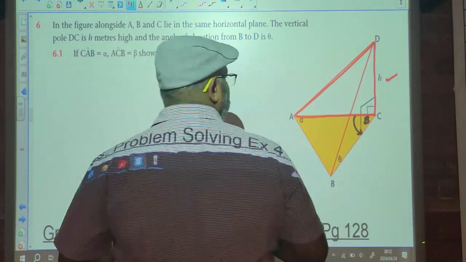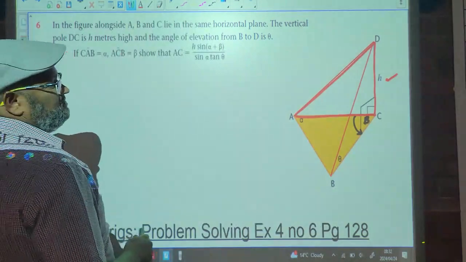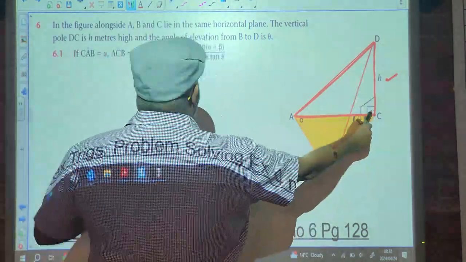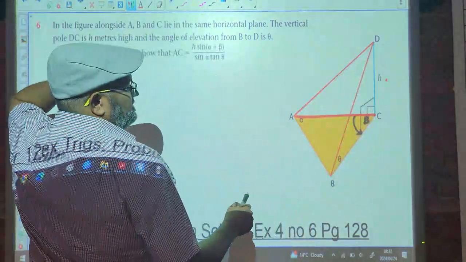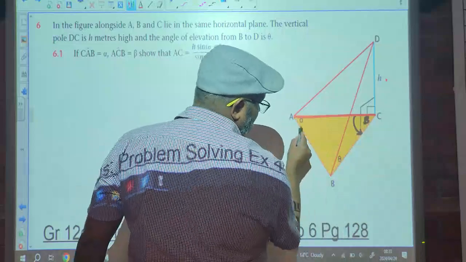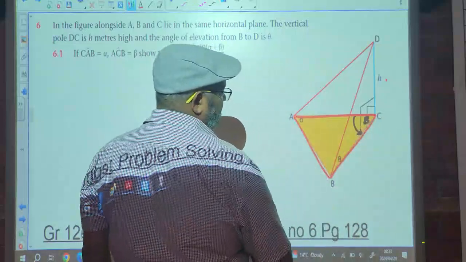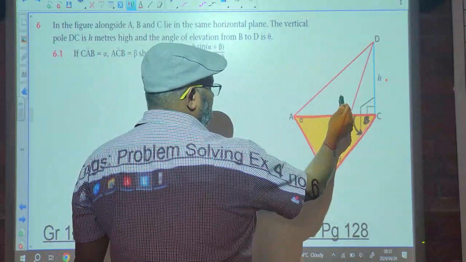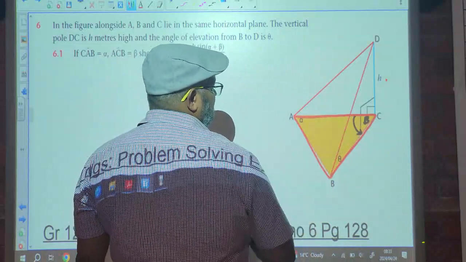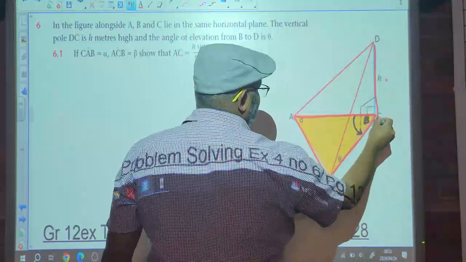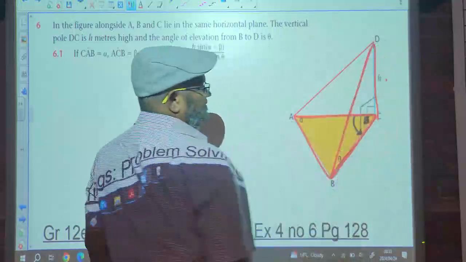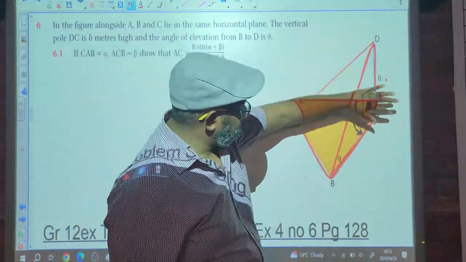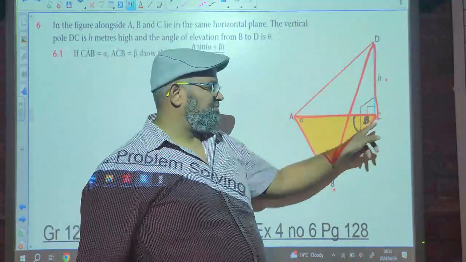But I don't have much on this, I don't have any angles here other than that being 90. So ACB, in that triangle I must work. And in triangle, I must pick this one up. Oh, here's the H in this triangle as well. Okay, so I'm going to work in triangle DCB as well as ABC.